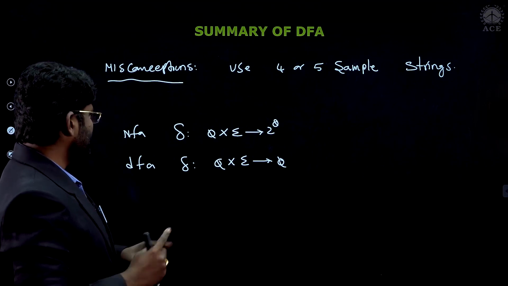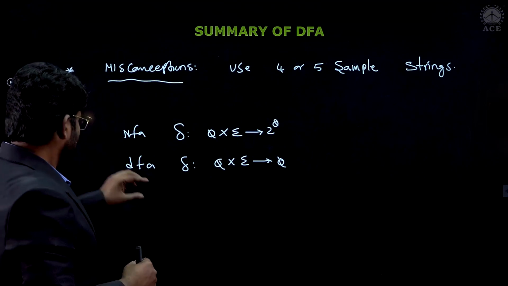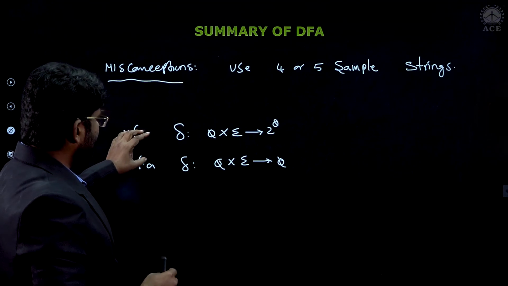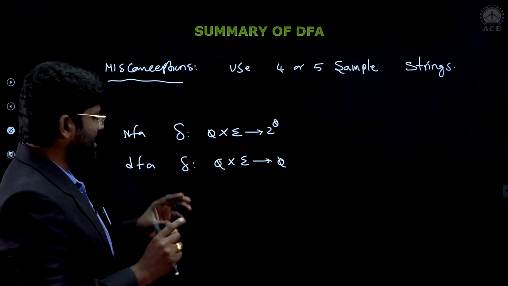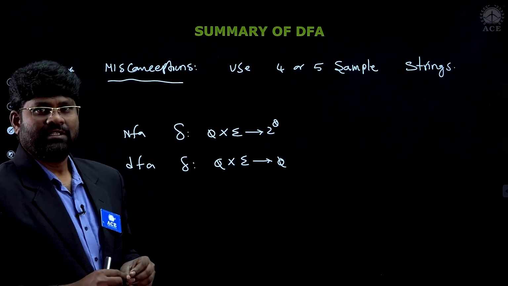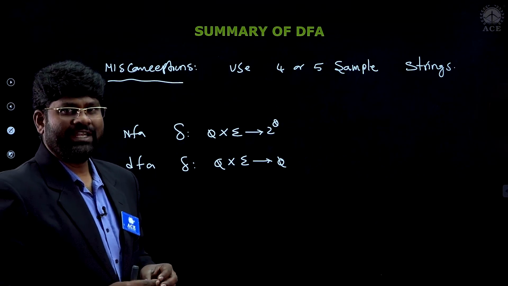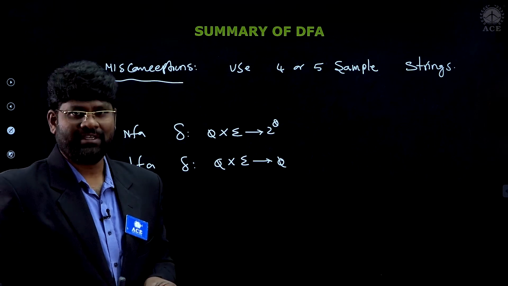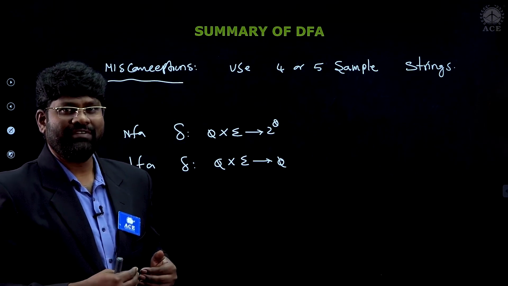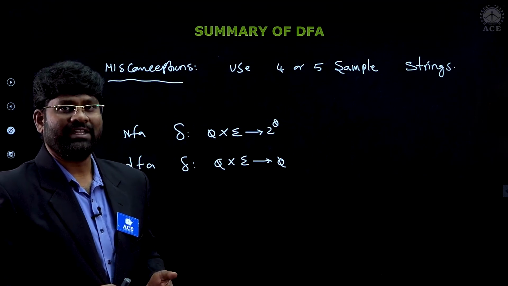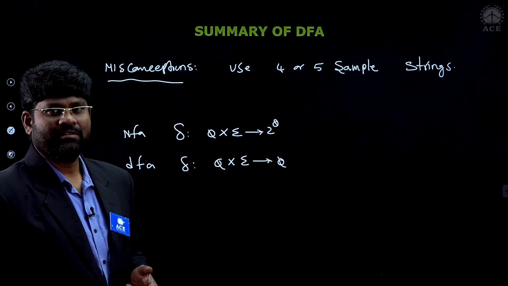The conclusion is that an NFA can have one or more, but a DFA can have exactly one. Indirectly, you can say that every DFA is also a kind of NFA, but every NFA is not necessarily a DFA.